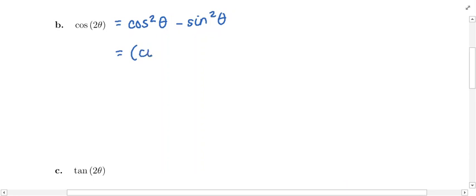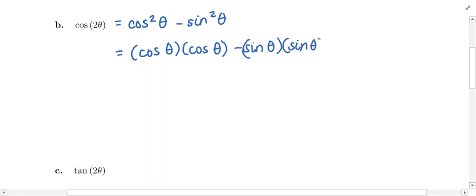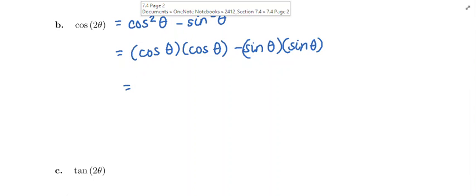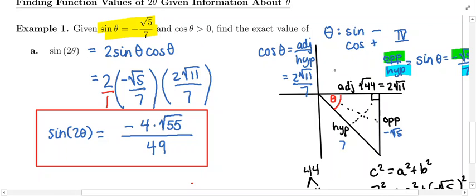Remember, this is cosine of theta times the cosine of theta minus the sine of theta times the sine of theta. All right, so I'm going to grab my cosine of theta. The cosine of theta is 2 square root of 11 over 7.